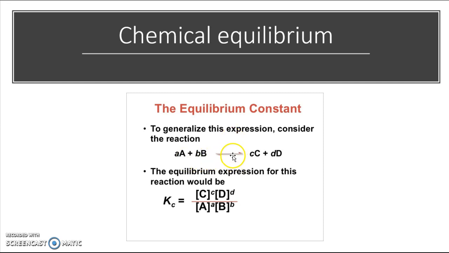Then, at this point, the equilibrium constant, or Kc, is equal to the product of the concentrations of the products raised to their coefficients, divided by the product of the concentrations of the reactants raised to the coefficients that they have in front in the chemical equation.